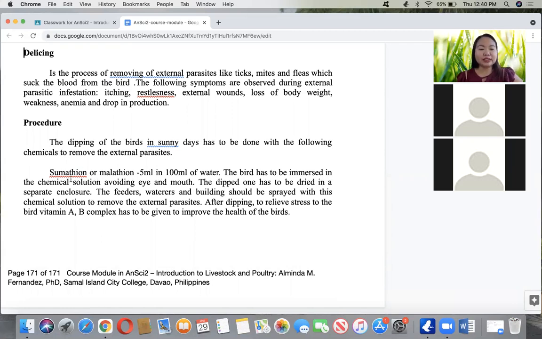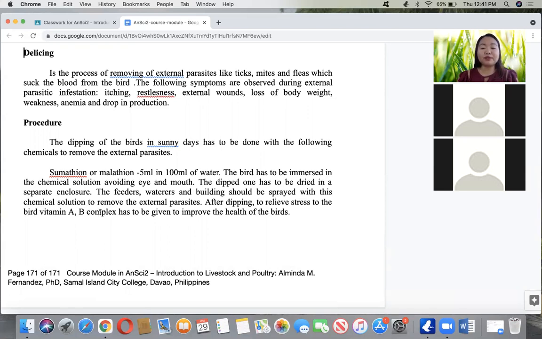During sunny days, we use somathion or malathion. This is an insecticide, 5 ml in every 100 ml of water. So, i-immerse mo lang yung bird doon sa chemical solution, avoiding eyes and mouth. Kasi, delikado. So, mapuling sila, and the dipped bird has to be dried in a separate enclosure, and the feeders or waterers in the building should be sprayed with insecticide to remove the external parasites.